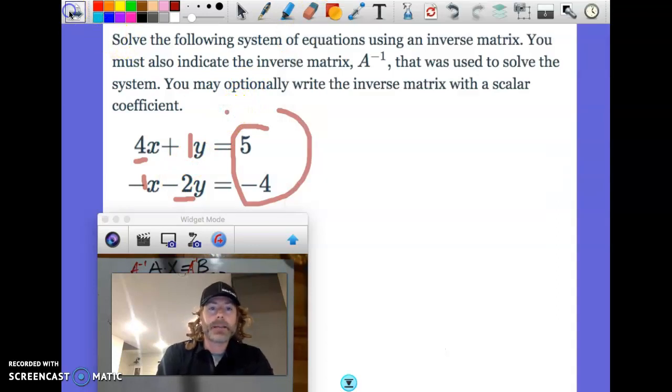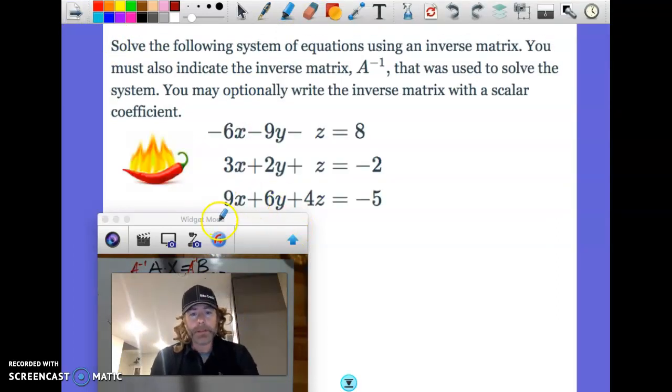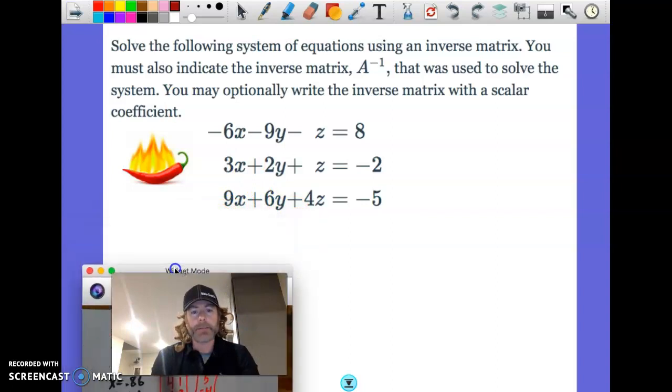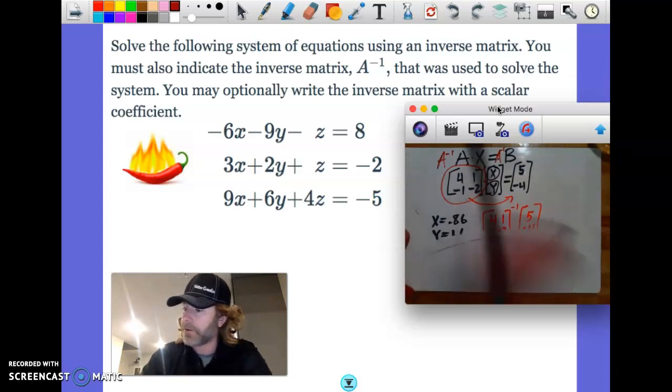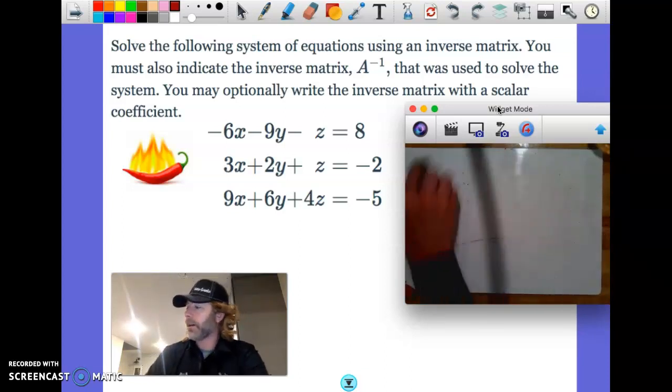This last particular problem is a bit of a spicy problem. So in this problem right here, you are not going to want to do this one by hand. This is an example where you have three variables, X, Y, and Z, and I'll just set this one up for you, and I'll let you solve it.